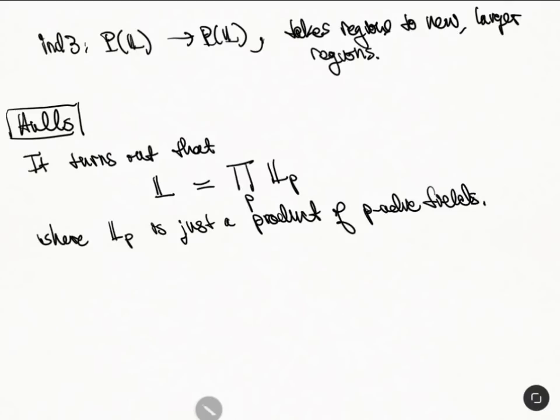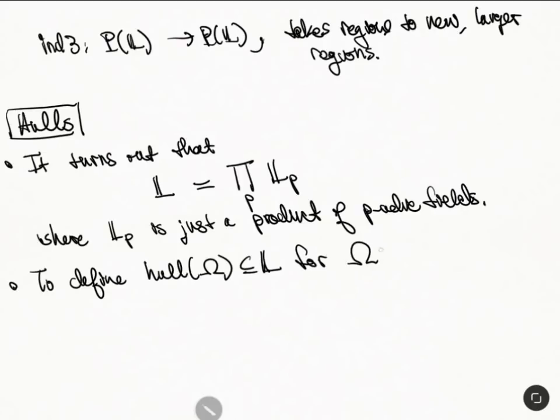So to define a hull of omega, this will be contained in L. For omega contained in L, it is enough to define it locally.